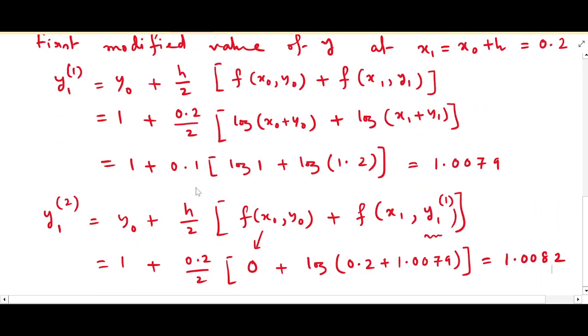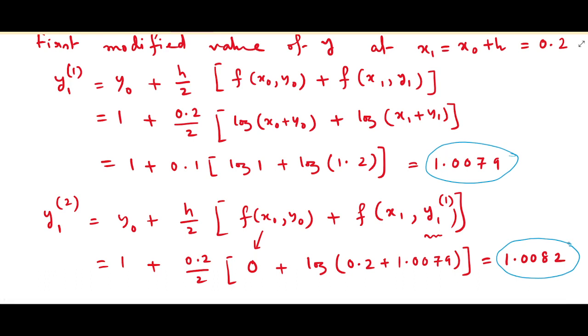So it is y1 to the power 2. Now the thing is, how many steps do we have to do, right? You see, our first value is 1.0079, and the second value is 1.0082. Okay, so it's increased a little bit, but they are not the same.